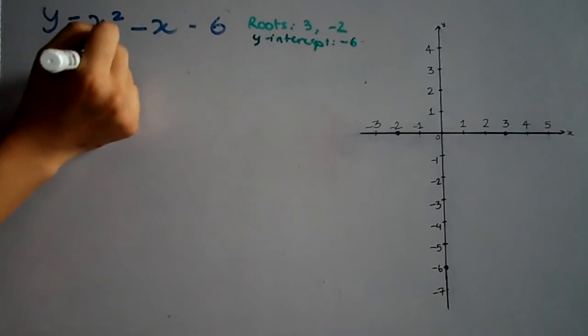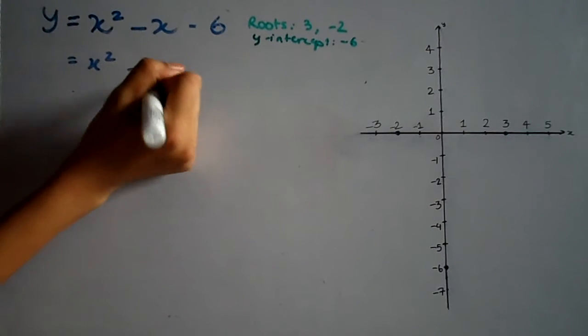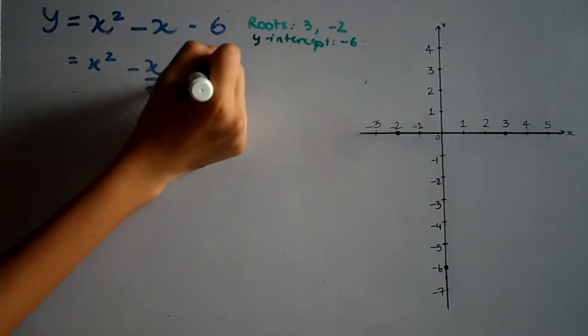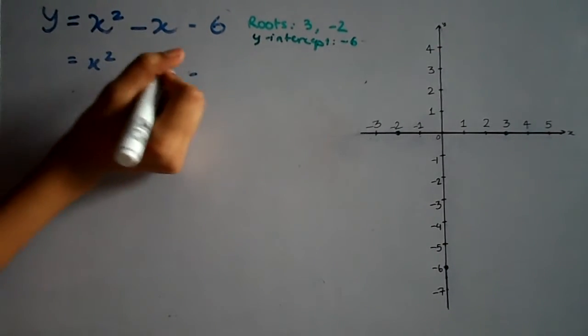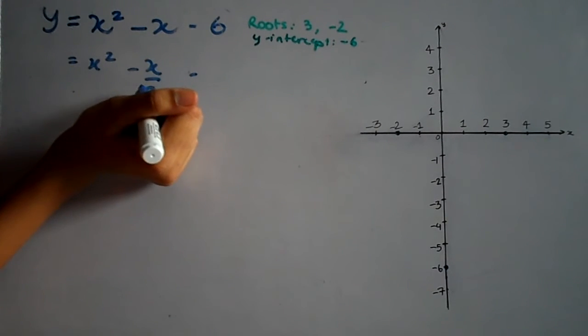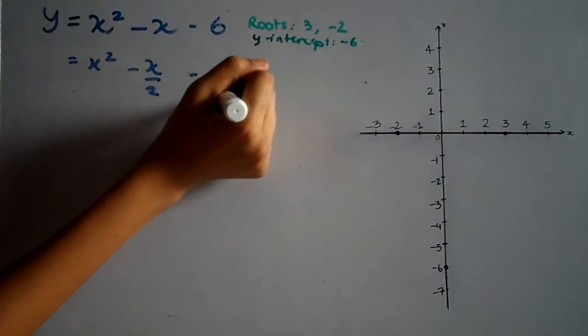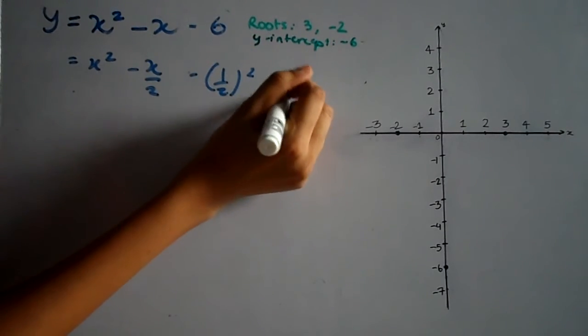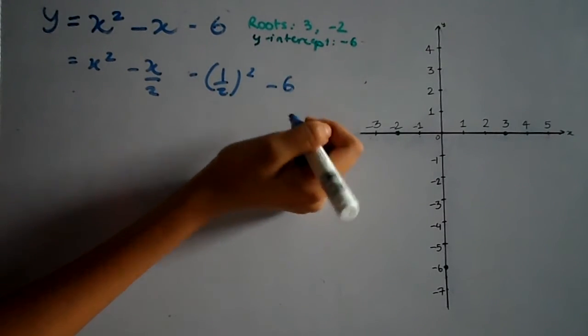So this would be a perfect square. To get it to this, we will have to first divide -x by 2 and multiply it over here. The coefficient of -x, which is -1, we divide by 2, which would be -1/2, and square it over here, keeping the 6 on the right hand side.